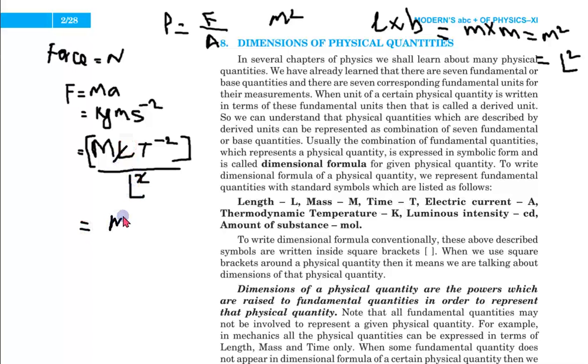So when L goes to the denominator, the power will be minus 1, then minus 2. So for dimensions, we have to write this type of bracket, big bracket.